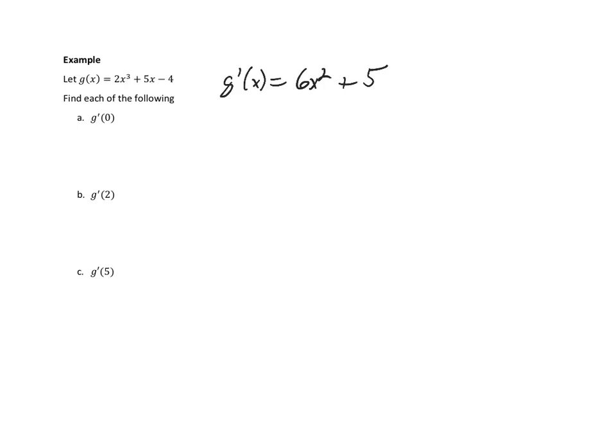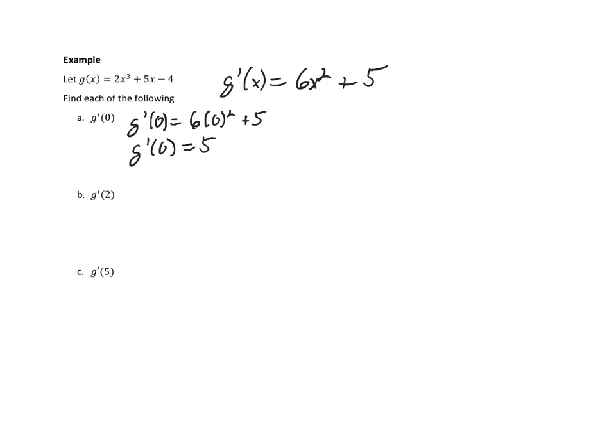But either way, g prime of x would equal 6x squared plus 5. So now if I want to find g prime of 0, I'm just plugging 0 into the derivative function. So 6 times 0 squared plus 5, g prime of 0 would equal 5.